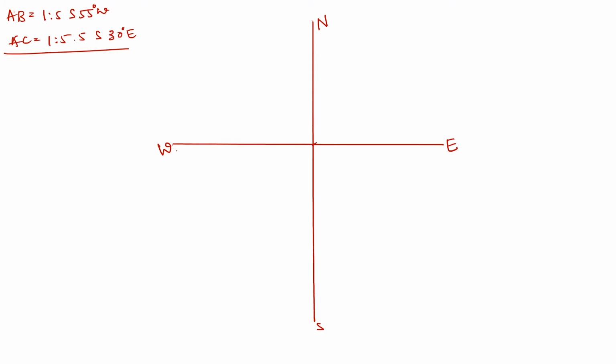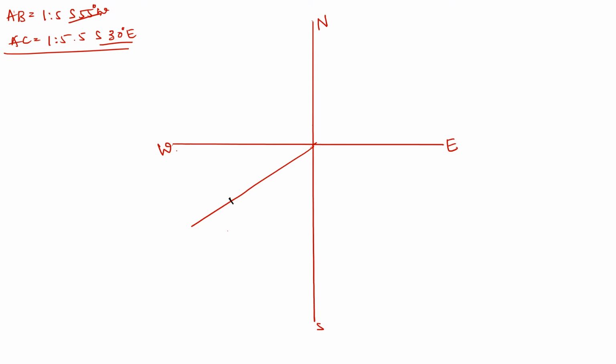Then let us plot these amounts and directions. We will first plot south 55 west. This is our point, south 55, so it comes out as 45 and 45. South 55, and the amount is 1:5.